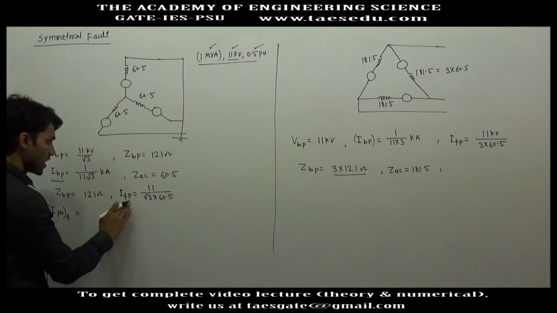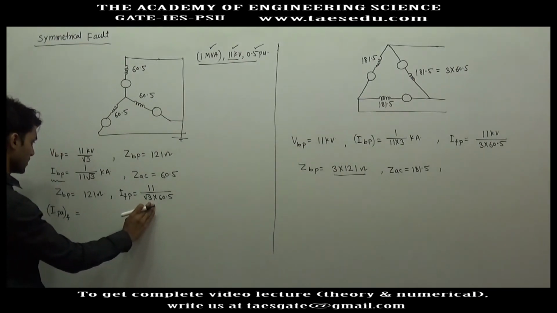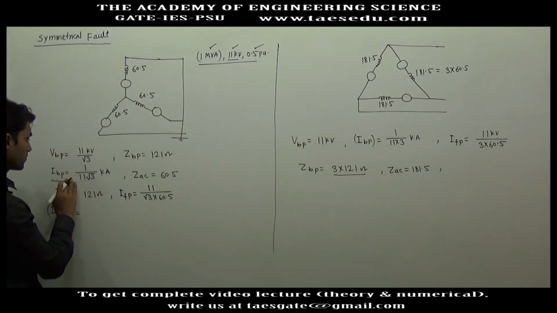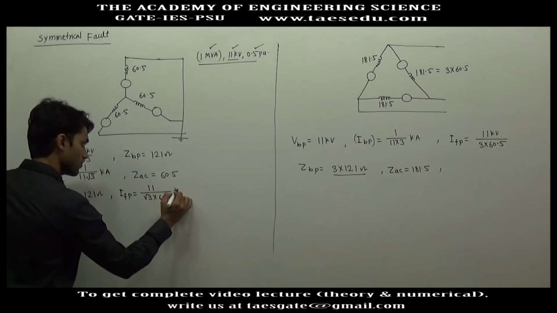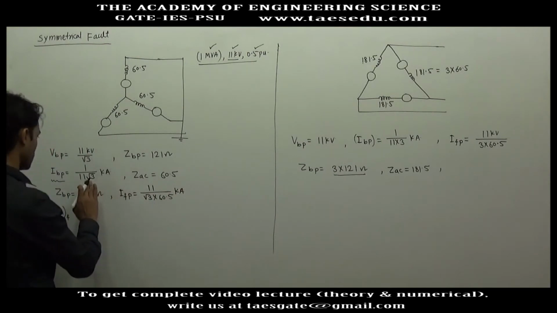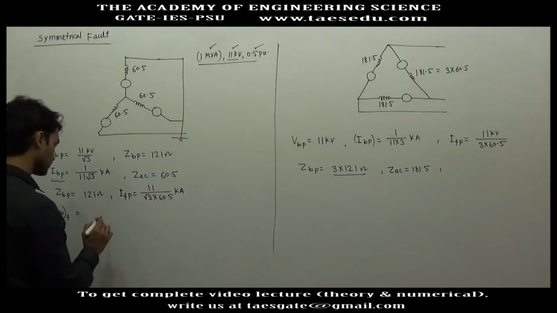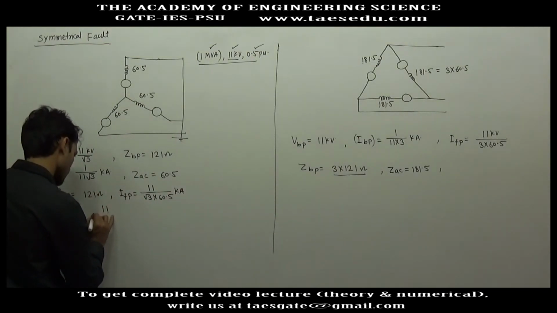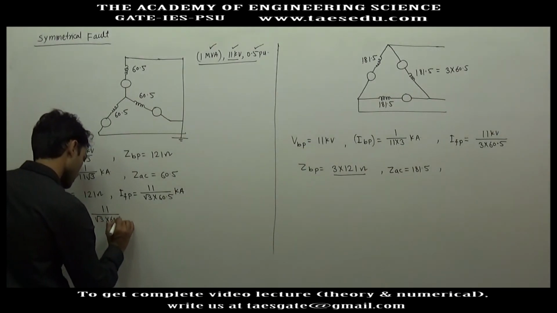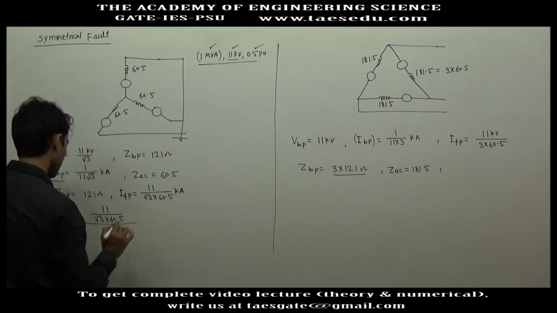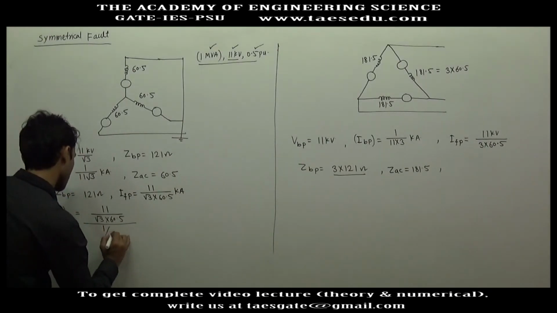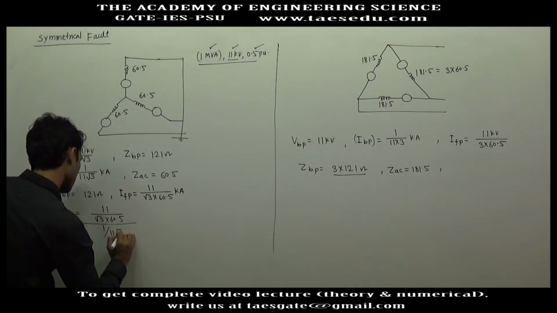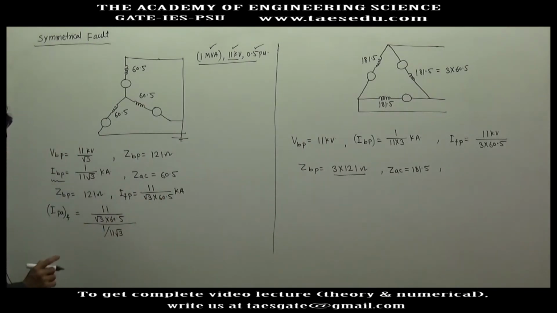So this will be the actual value of fault current in phase divided by the base value of phase current. The actual value is in kiloampere and this is also in kiloampere. 11 divided by root 3 into 60.5, divided by the base value of phase current, which is 1 divided by 11 root 3, and kiloampere will be cancelled.